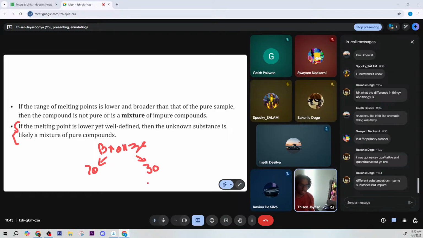So it's a mixture, but it's a pure mixture in the sense that it only has those two metals, yeah? But if it's a mixture that's impure, or a mixture of impure compounds, you can imagine there are 1,000 different things in there.